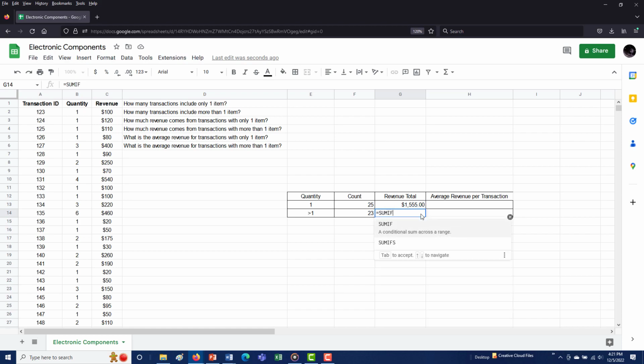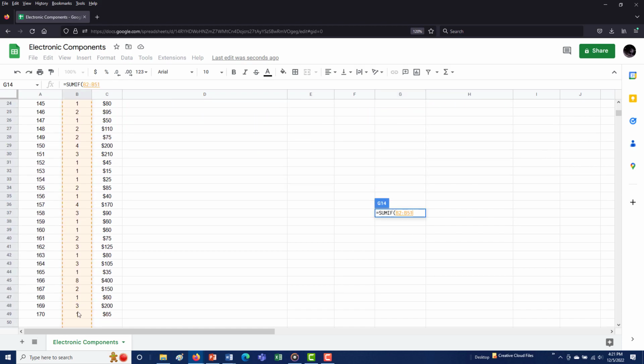Equals SUMIF, open parentheses, and then we select once again B2 to B49, comma, greater than 1.